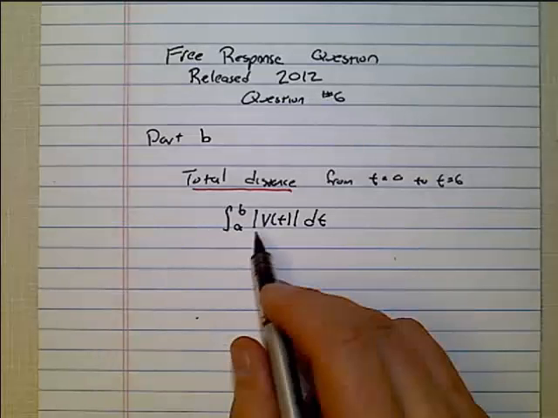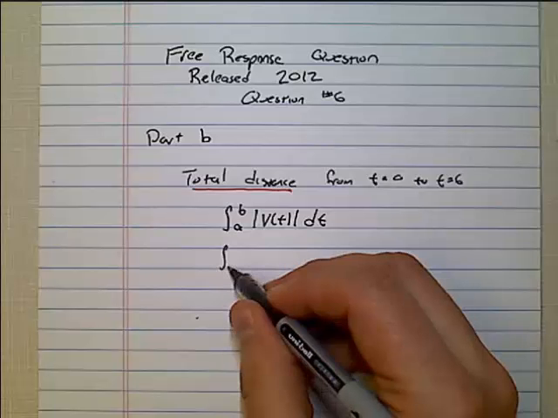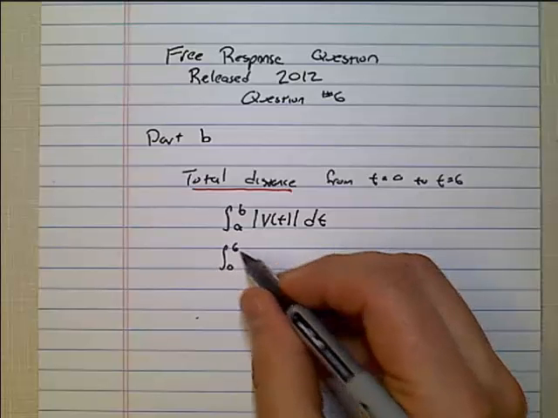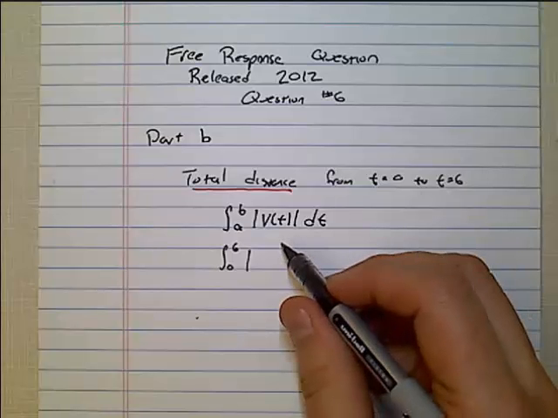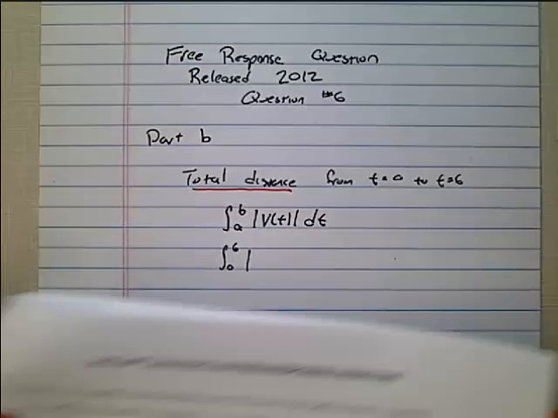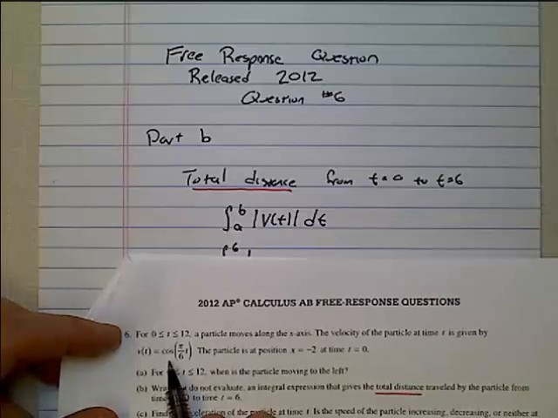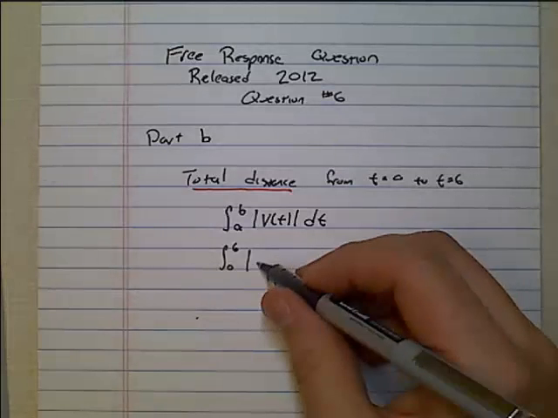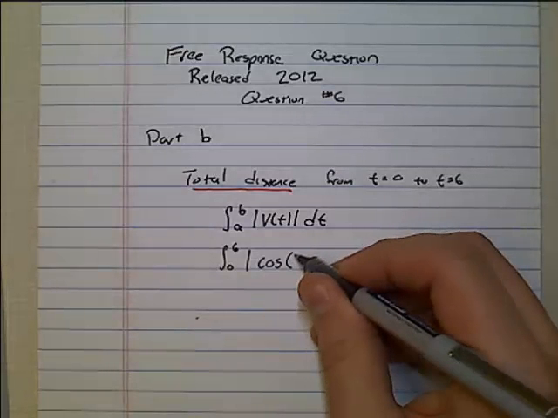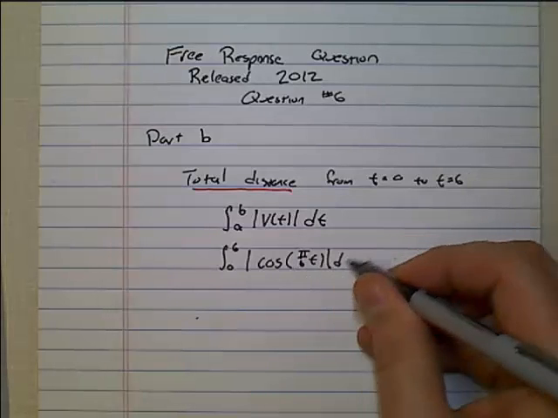So I can already say that this is the integral from 0 to 6 of the absolute value of my velocity function, which is given in the directions as cosine of pi over 6t. That's what our v of t is. So it's the absolute value of cosine of pi over 6t dt.